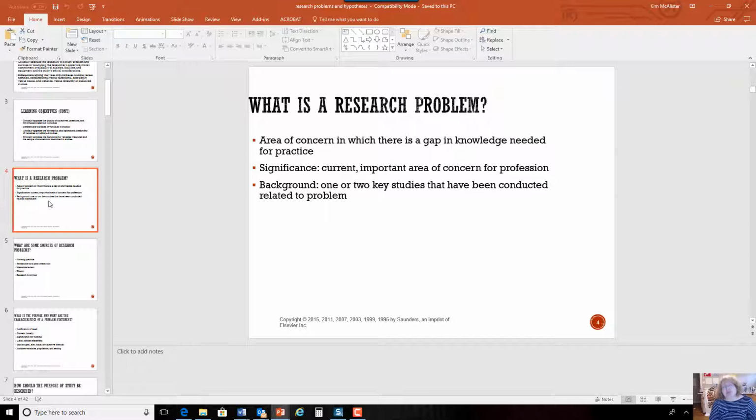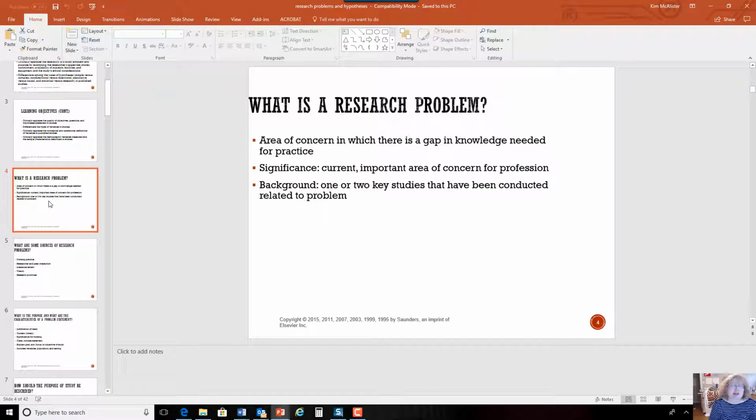A lot of times in nursing, research problems come from lived experience, some real problems that you encounter on your unit, or maybe trying to learn better and more effective ways of doing things. They kind of come out of concerns. They could come out of, someone made this suggestion and tried something new and it was very effective for this one patient.